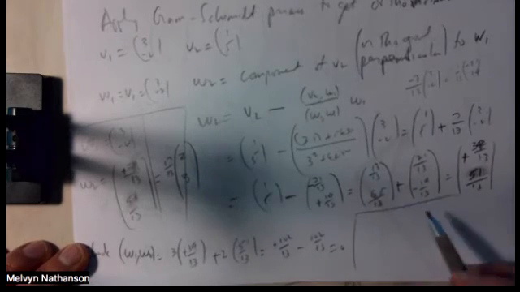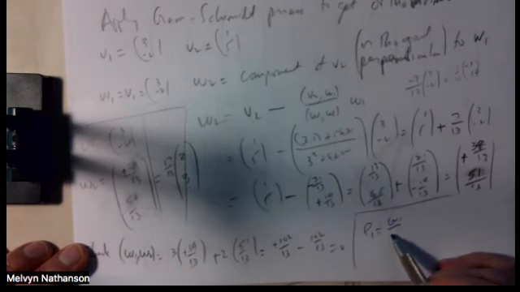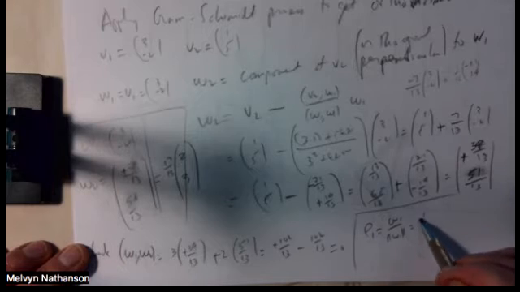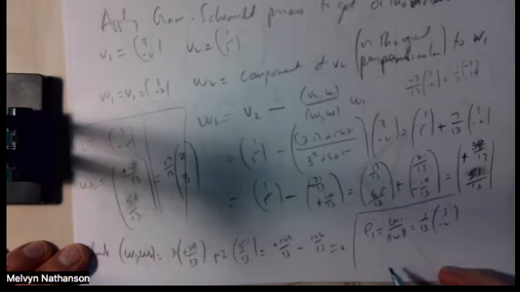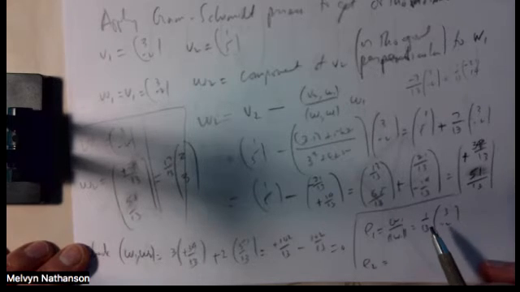If you wanted to get the unit vectors, let's say E1, which is W1 divided by its length, the length is 13. This would be 1 over 13 times the vector 3, minus 2. E2 would be this vector divided by its length. Its length is also 13.